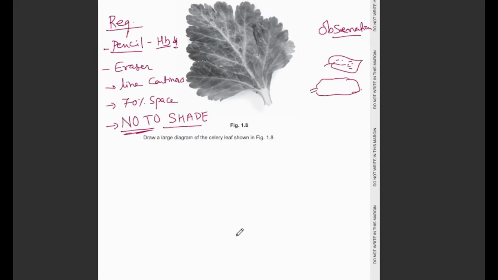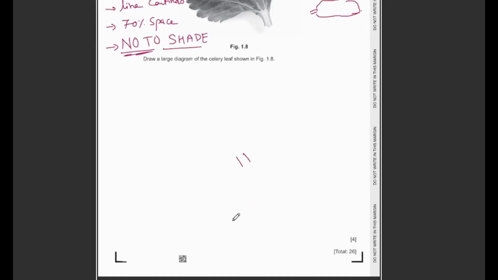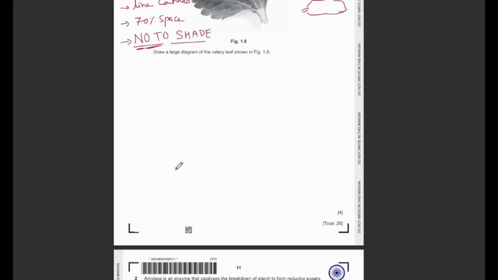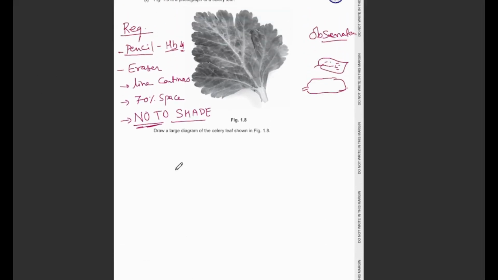So first thing is the petiole. Check the petiole here. Now I can draw the diagram basically from here also, but I can't see the image then. We'll use the 70% of space this way. Then the leaf goes in this direction.